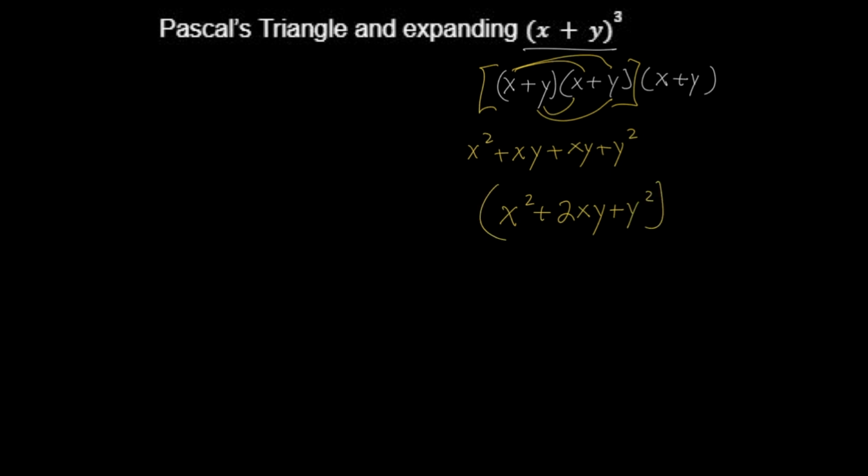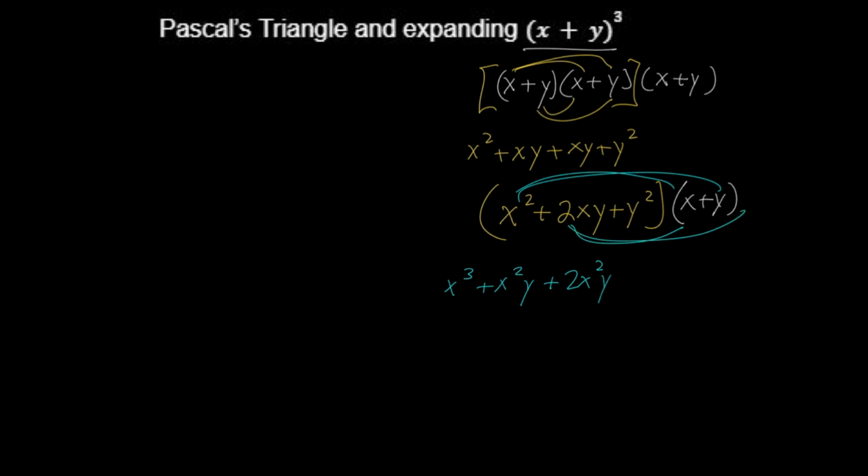We'll drop down our third factor and do some more distribution. So plus x squared y, then going through 2x squared y, then 2xy squared, plus xy squared, and then lastly, y cubed.